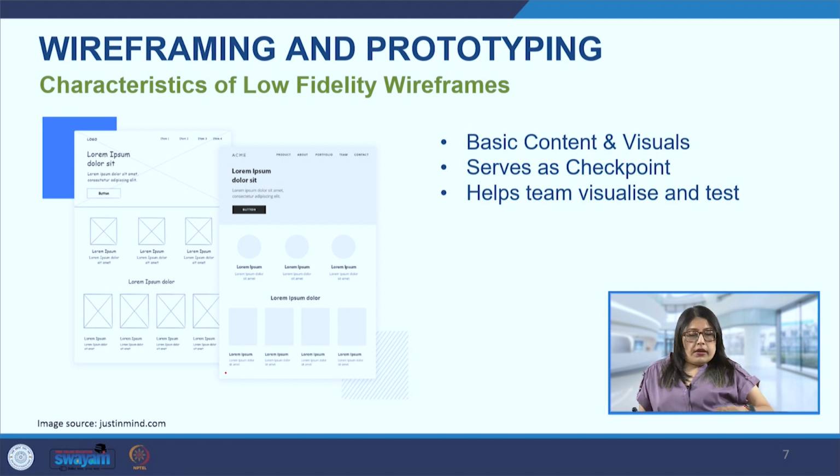On the neighboring side, we can see a slightly more refined version of this low fidelity prototype. Now the button has some color, and there is some contrast between the text and the button's color. The font has been refined a little bit, but both of these are examples of how a low fidelity wireframe appears. Some of the characteristics are that it presents us with basic visuals and information.